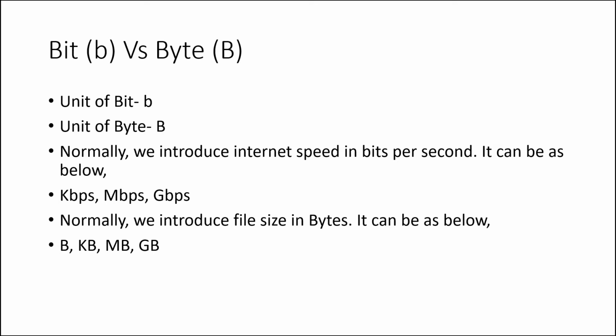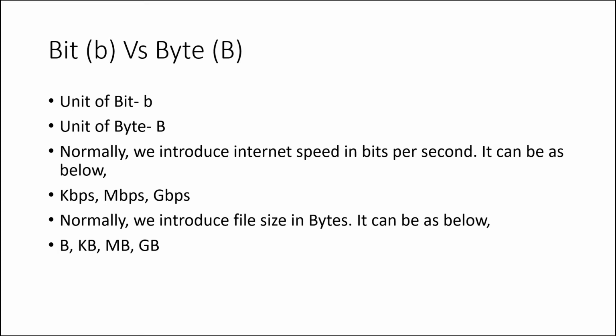Okay, so I'm going to take another difference. In different places, we use bit and byte. So you guys use the internet, okay? Internet service providers give the internet speed in bits per second. It includes some other parts we call kilobits per second, megabits per second, gigabits per second.